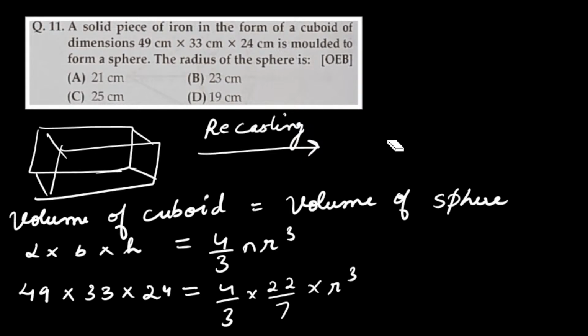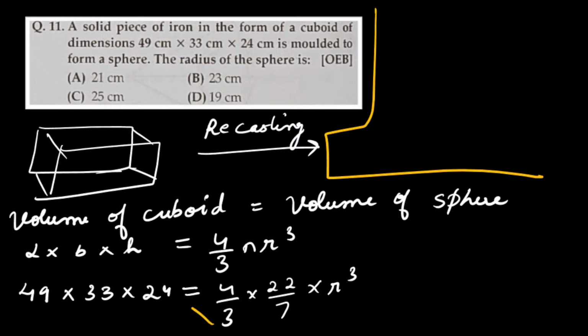Now let's keep r cube on one side and shift everything else to the other side. First, this 3 and 7 are getting divided here; when I shift them to the other side they get multiplied. So 49 into 33 into 24, into 3 into 7.